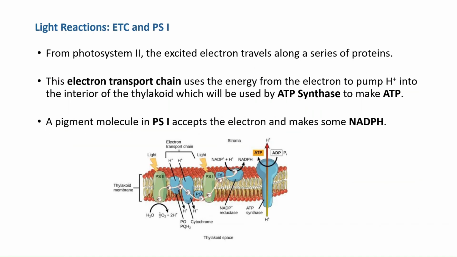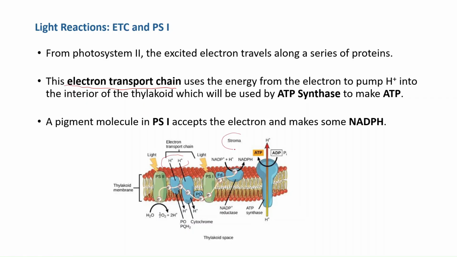Now, what happens with the excited electron? It's going to go into an electron transport chain that's very similar to the one that we saw in the mitochondria. Okay, it's again a bucket brigade where one particular molecule picks up an electron, passes it to another molecule. The energy released as you pass it pumps protons, this time from the outside of the thylakoid to the inside.